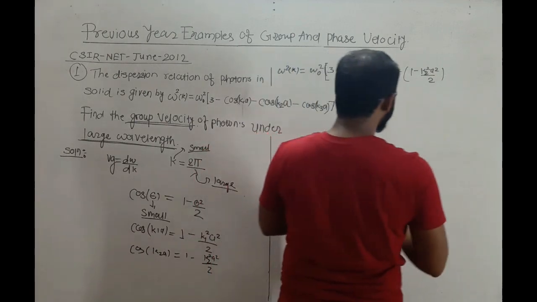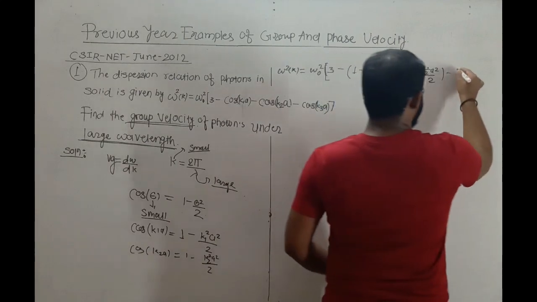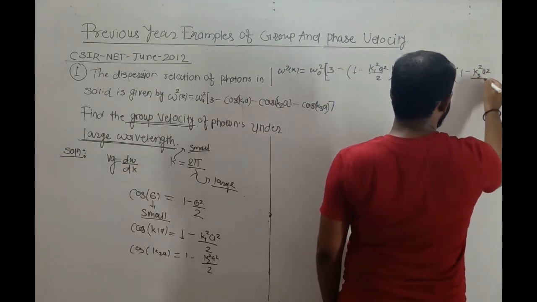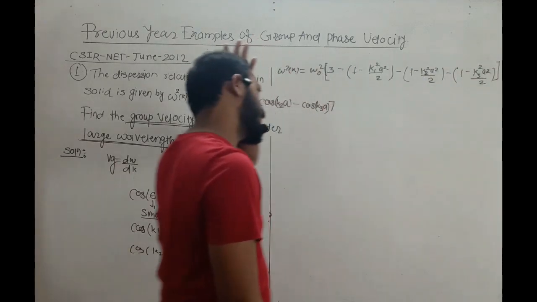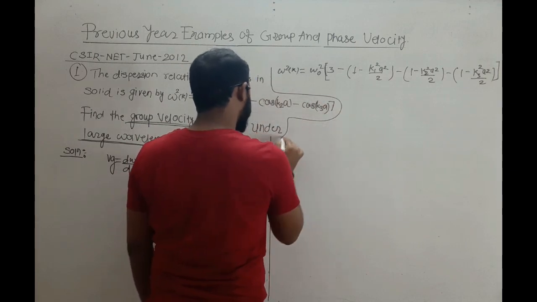Now, same for the third one, that is minus of 1 minus k3 square a square by 2. Okay, up to this, no problem. Now just rearrange it.